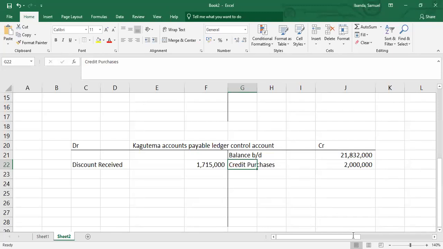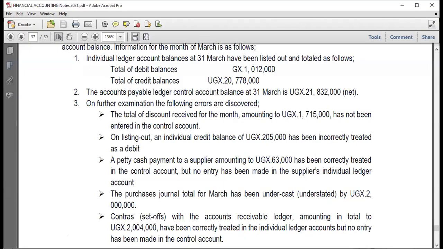And then they are also telling us down here of a contra, which is a set off with the accounts receivable ledger amounting to 2004, which had been correctly entered in the individual ledger, but no entry had been made in the control account.